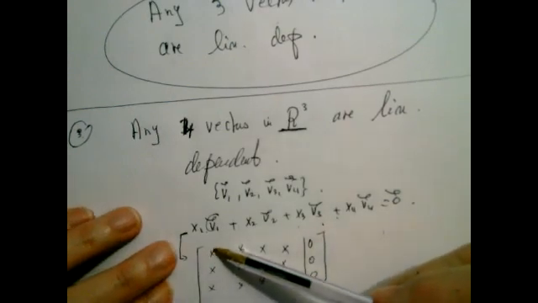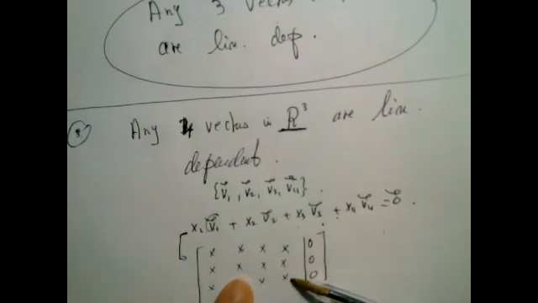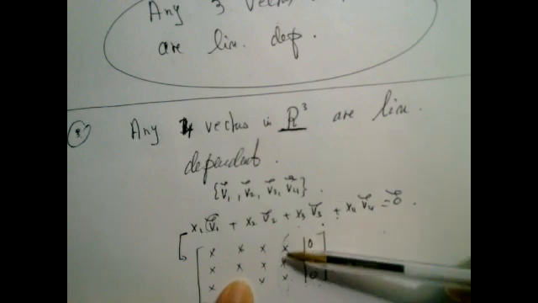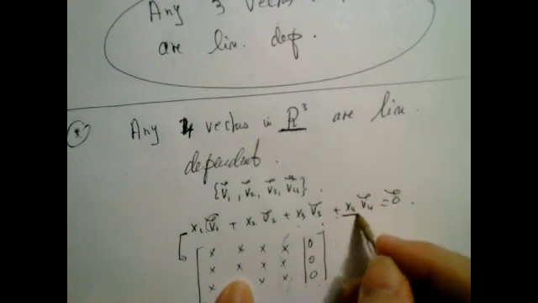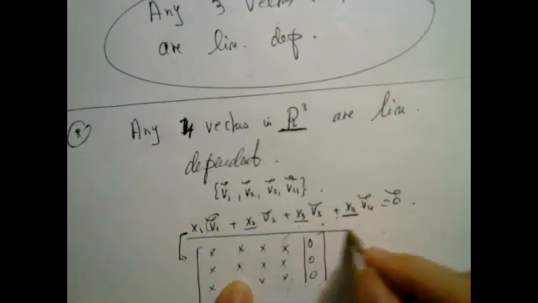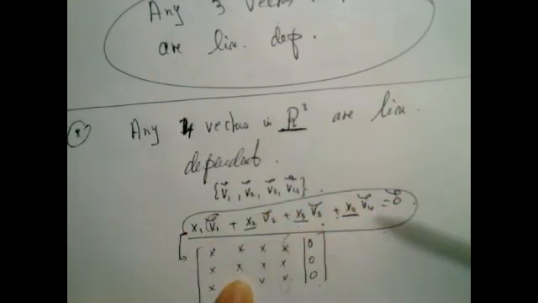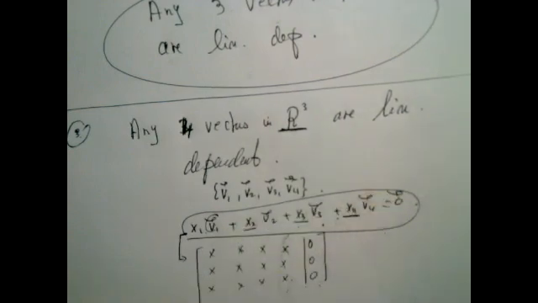It means I have at most 3 leadings, so at most 3 basic variables, leaving 1 free. Hence, I can find non-zero weights which make the combination equal to 0, which is going to allow me to express one of them, I don't know which one, as a linear combination of the others.